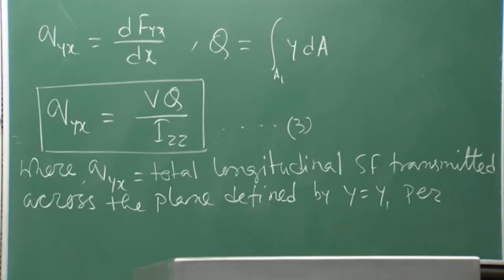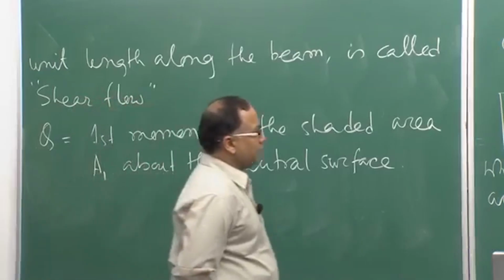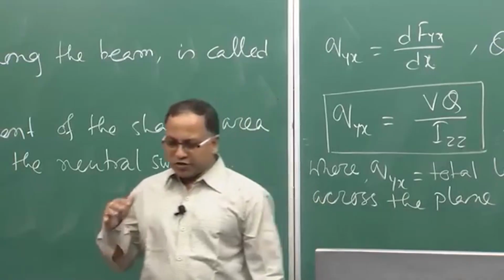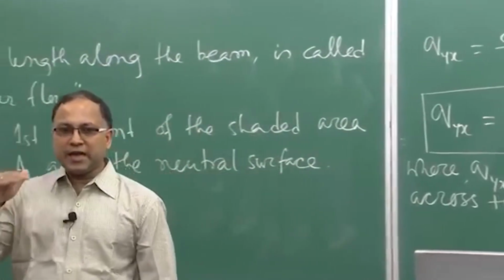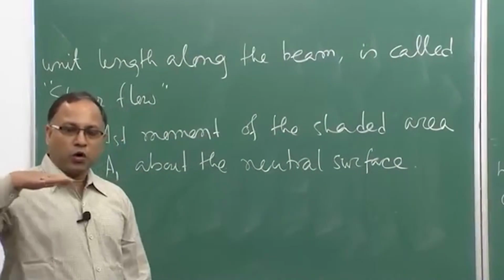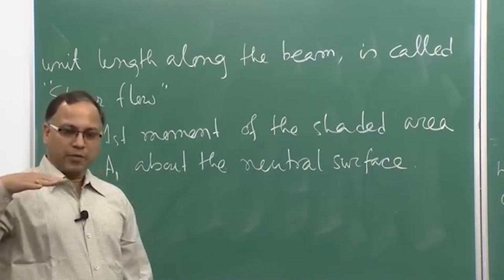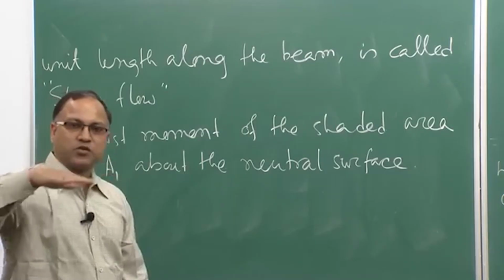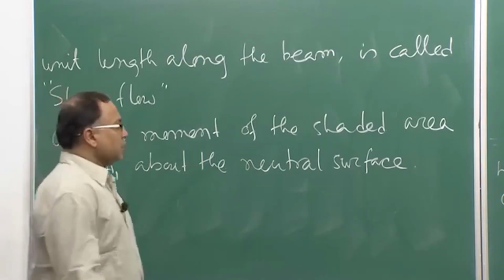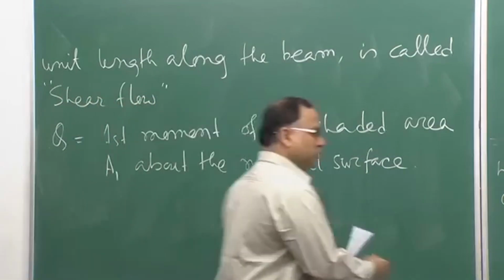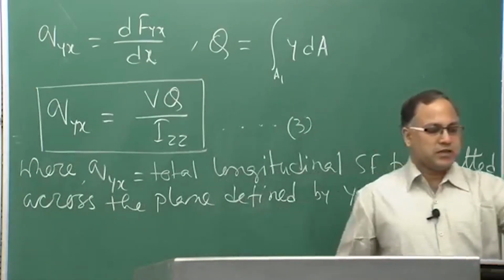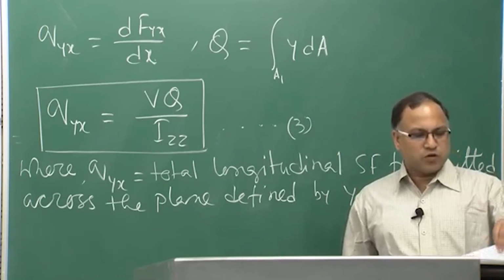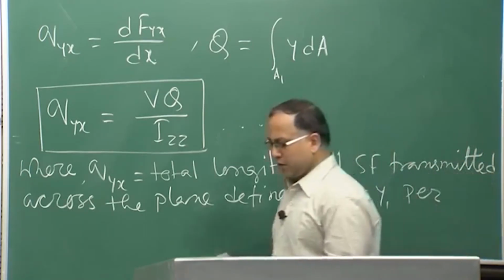So, if you know the shear force, then you will be able to find out how much shear flow per unit length of the beam is acting along your x direction, that means on the y plane. Therefore, shear flow is nothing but the shear force per unit length of the beam.